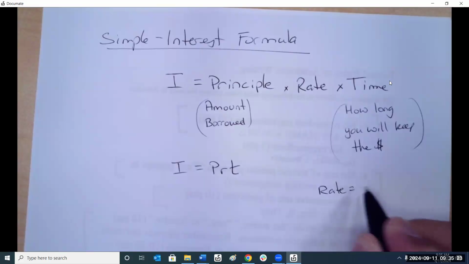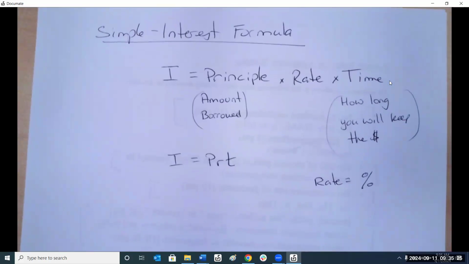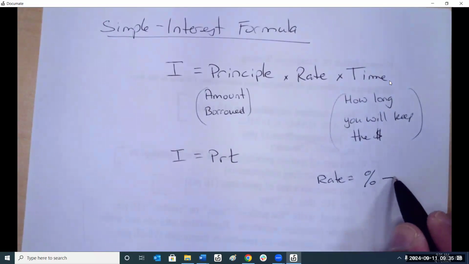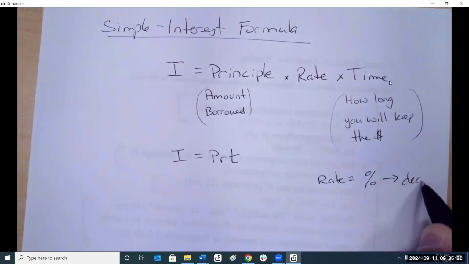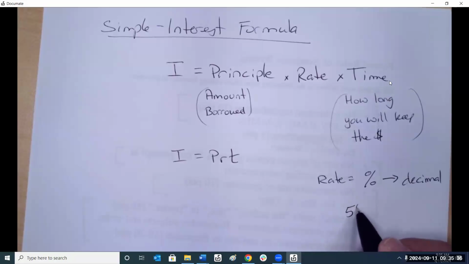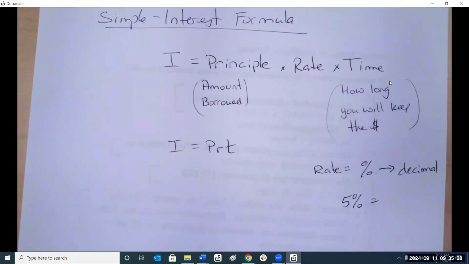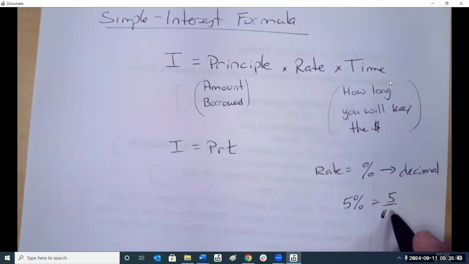The rate is usually given in percent, so we have to convert that into a decimal. So 5% interest is what in decimal? It's 5/100, which means if there are two zeros, you move the decimal to the left 2 spaces.